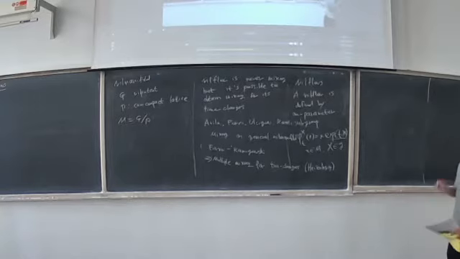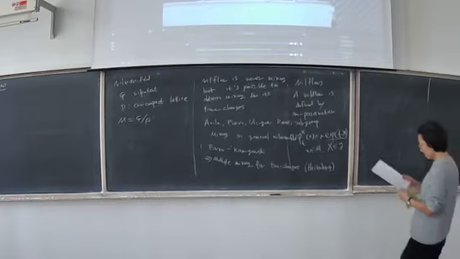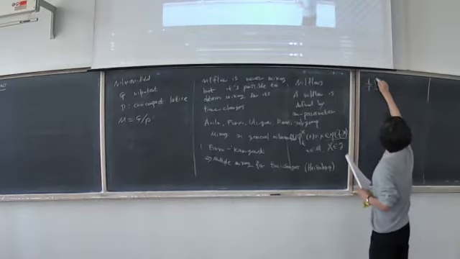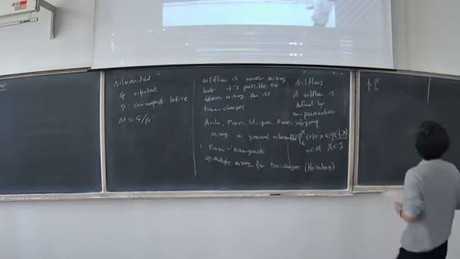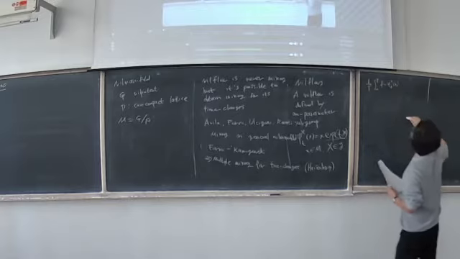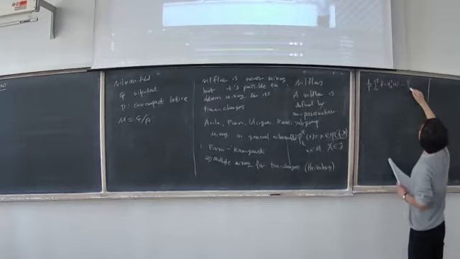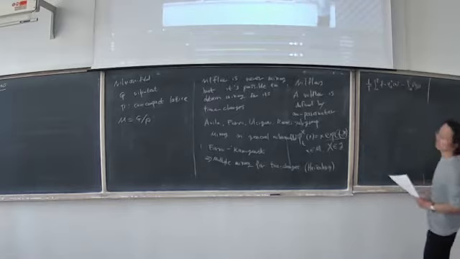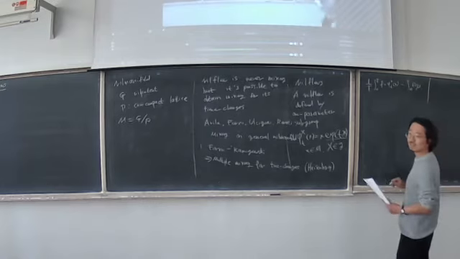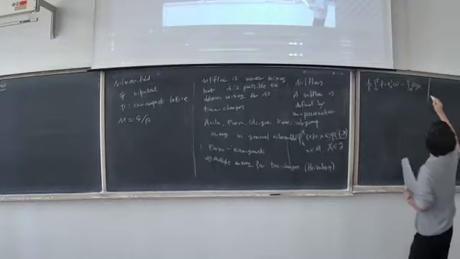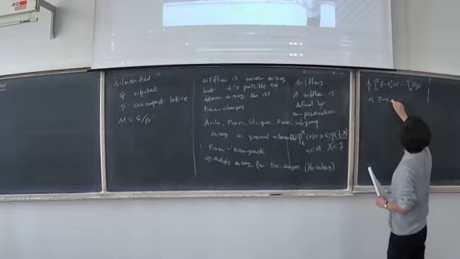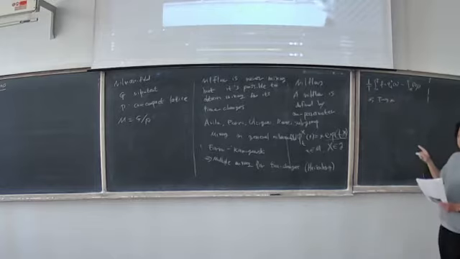Now we assume the flow is uniquely ergodic, then we can consider the difference between the time averages and the space averages. As t tends to infinity, the difference tends to 0.